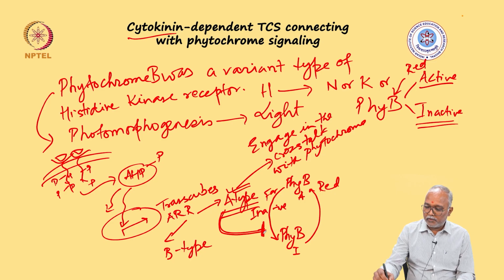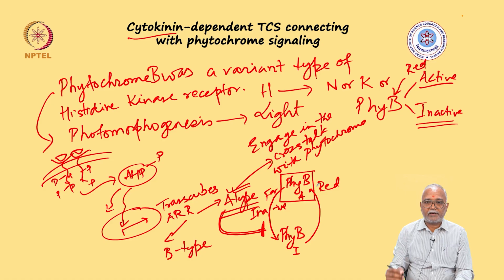What it means is that you have more time available to the active form of this phytochrome B. So what you notice is that signaling which started with cytokinin binding to its receptor on the cell surface culminated into the transcription of different types of response regulator, some being B type, some being A type.